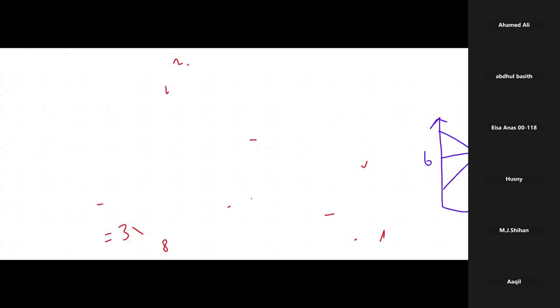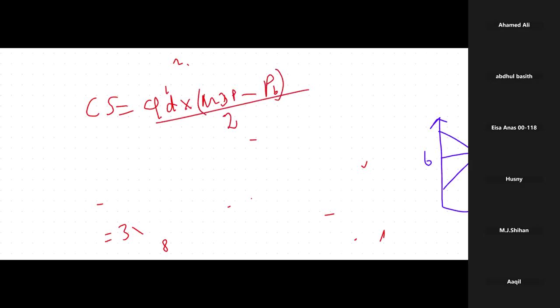CS is equal to QD into maximum demand price minus buyer's price over 2. Consumer surplus equation: QD into maximum demand price minus buyer's price over 2.